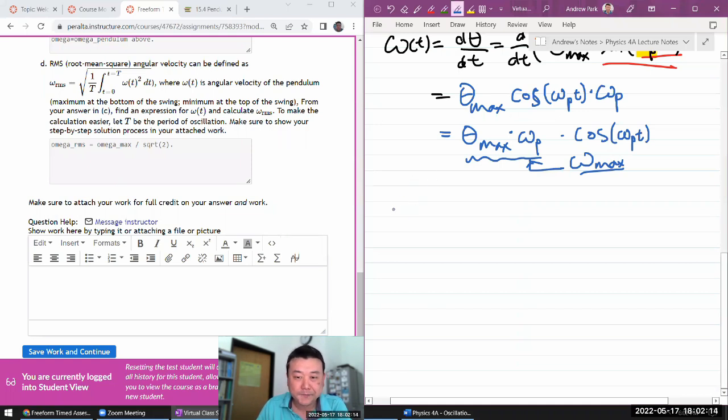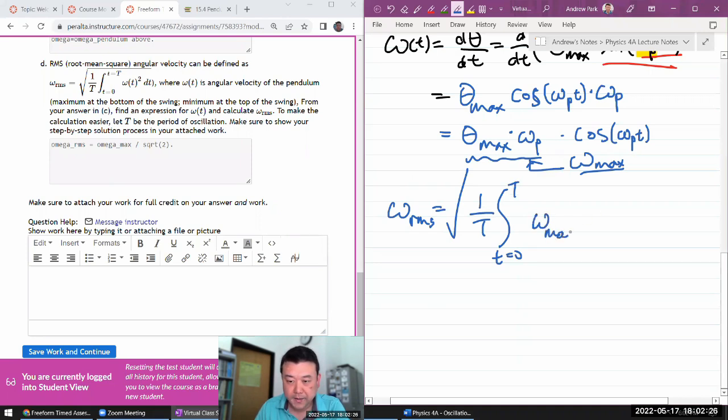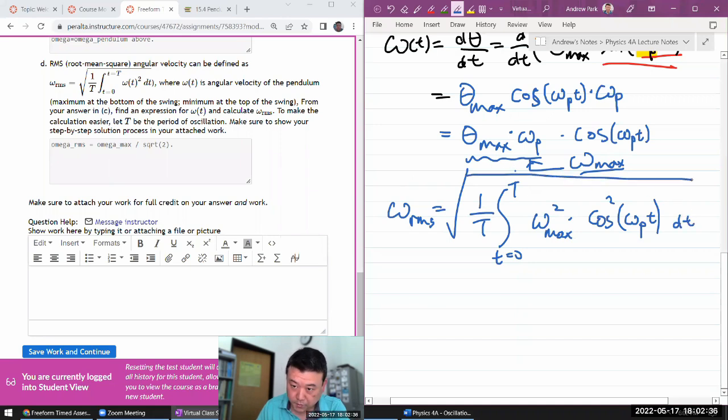So omega RMS is equal to square root of 1 over t, integrate from 0 to t, and this thing squared. So omega max squared times cosine squared of omega pt dt. All of this square rooted.